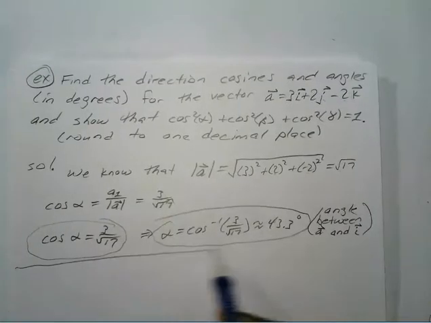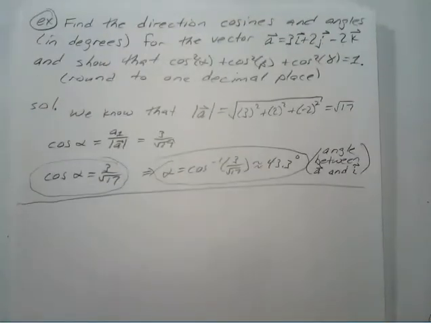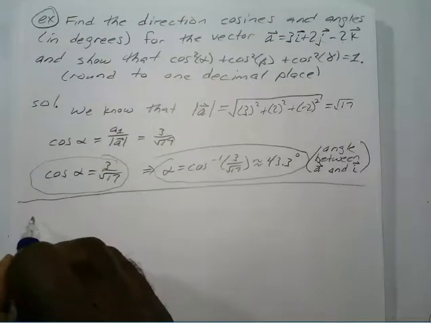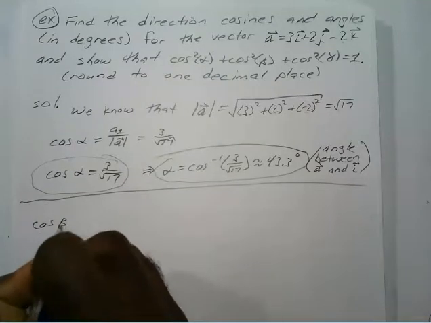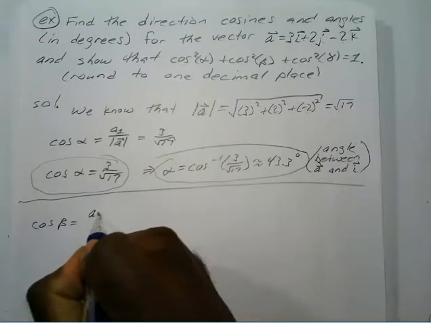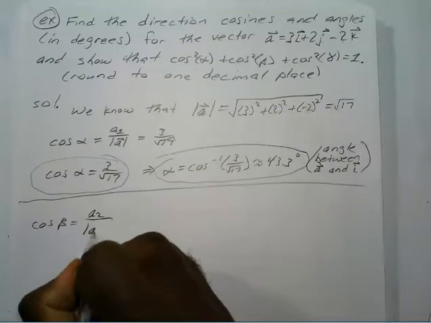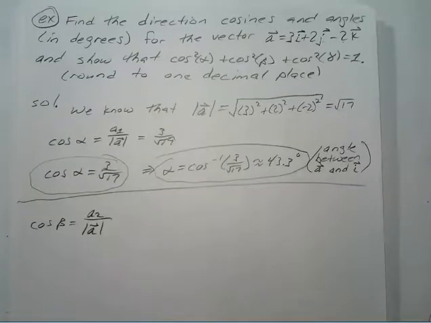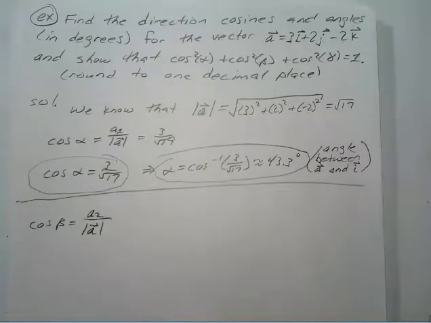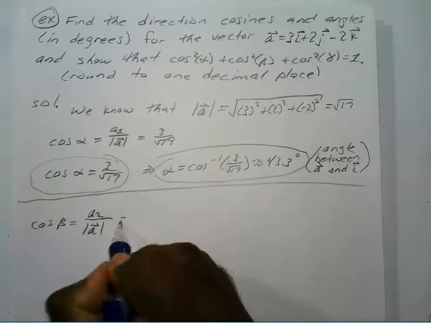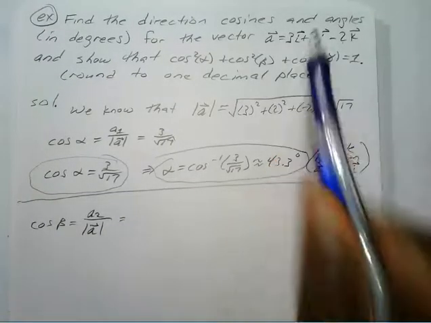Okay, so we do the same thing for cosine of beta. That's equal to the second component divided by the magnitude of the vector. Okay, so our second component is 2.